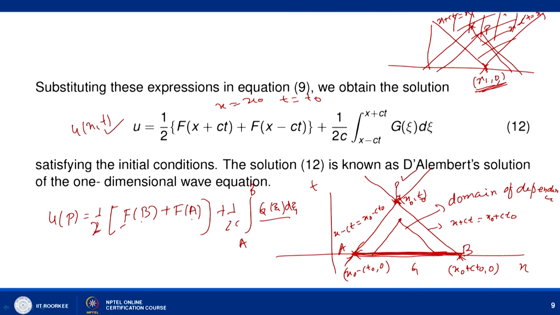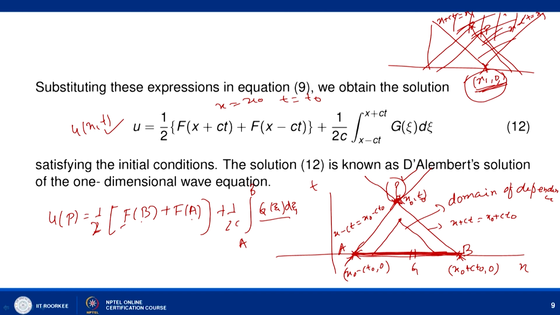So, we call this region the region of influence of x1 comma 0. And similarly, if you take any point P here, it will give a triangular region, and the base will give you a domain of dependence, meaning the solution at P will depend on this baseline. So, we call this the domain of dependence, and this region the region of influence.